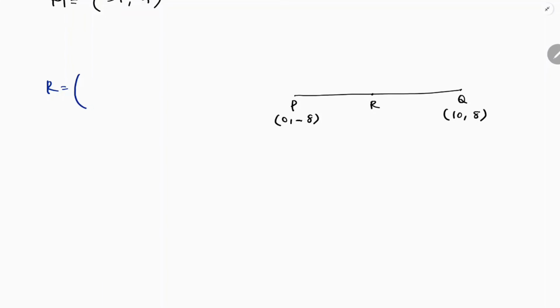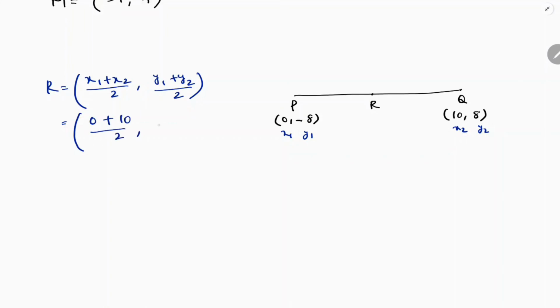To find the midpoint, x1 plus x2 by 2, y1 plus y2 by 2. So x1, y1, x2, y2. x1 is 0, x2 is 10, by 2, y1 is minus 8, y2 is 8, by 2.